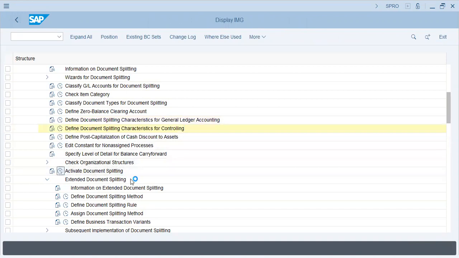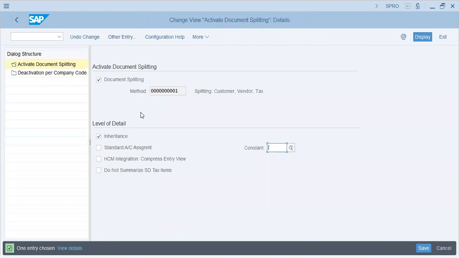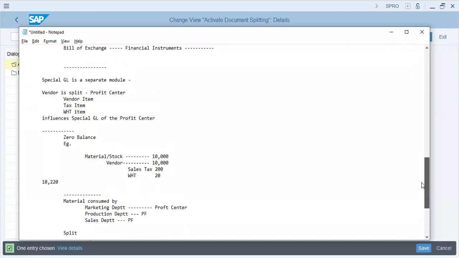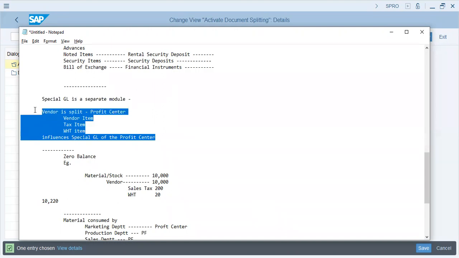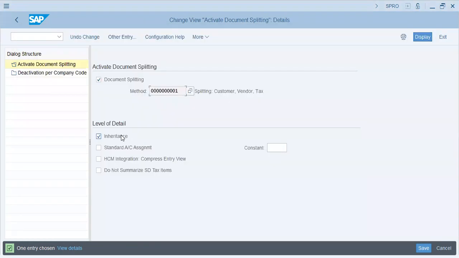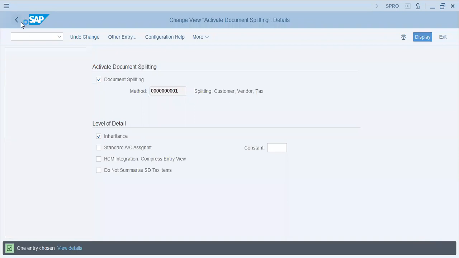Actually, activate is using customer vendor tax. Method is 01 by default. Inheritance is same as special GL getting influence from vendor item. That is inheritance.